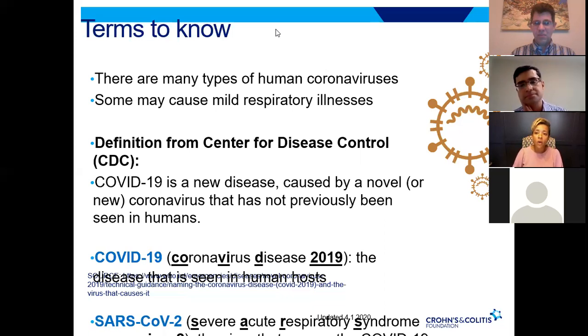So COVID-19 stands for Coronavirus Disease 2019, and the reason that we have 2019 there is that it was first reported in December of 2019. It is caused by the severe acute respiratory syndrome coronavirus 2, which is the novel virus that hadn't been previously seen in humans. Next slide.